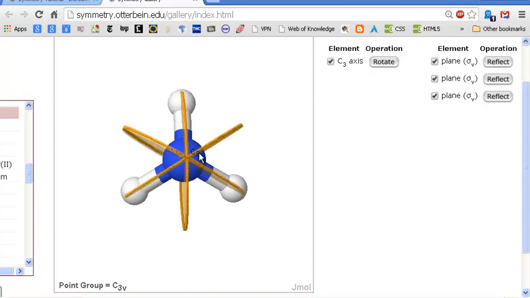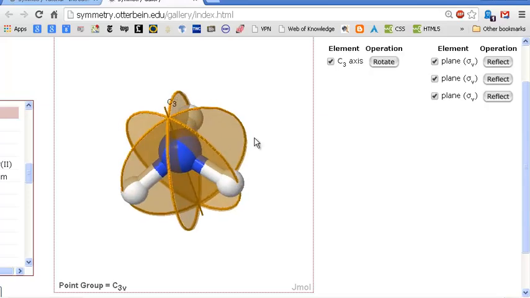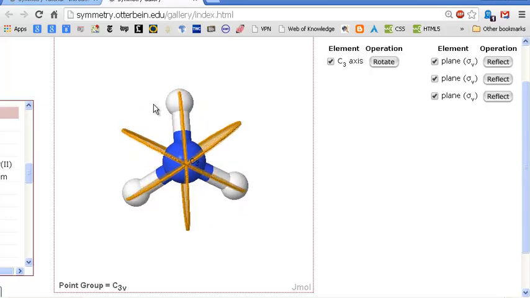You see that there are 1, 2, 3 sigma V planes, and they all contain the C3 axis. So there are 3 sigma V planes. So the total number of symmetry operations here is 6: 3 planes, 2 axes, one where you rotate 120, one 240, and then the identity element.